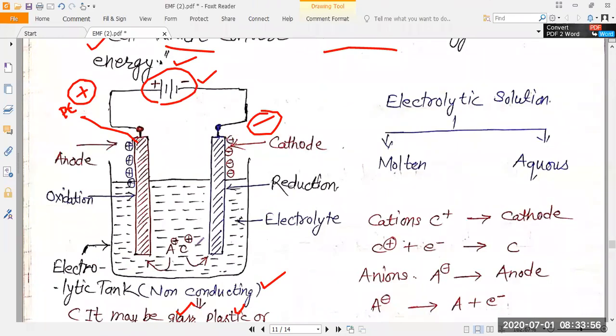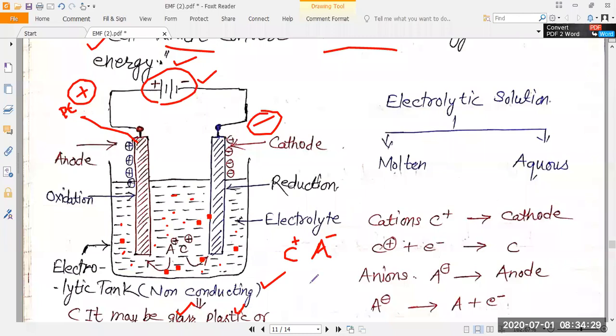Suppose an electrolytic solution is taken in the container. This is the electrolytic solution filled in the electrolytic tank. Now suppose the electrolyte is CA, where the charge of C is positive and the charge of A is negative.